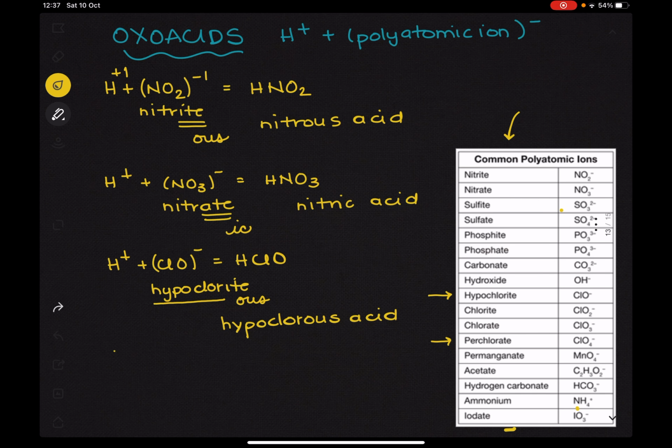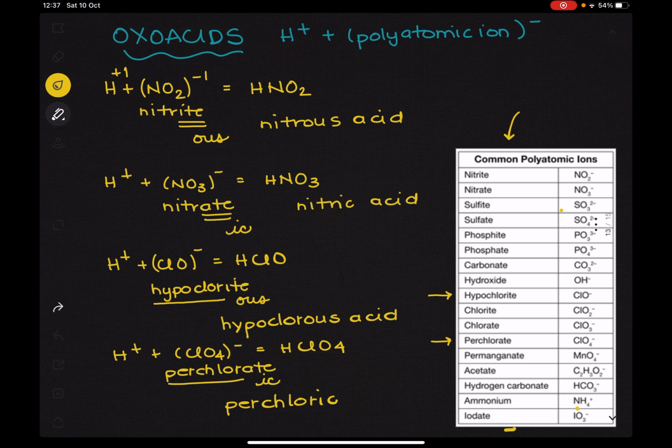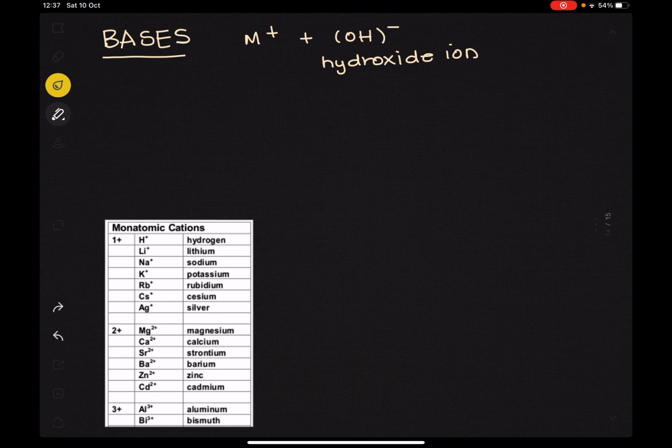Now let's do it with a perchlorate. Perchlorate has 4 oxygens, still has a -1 charge. So I have HClO4. This is perchlorate. And I keep everything. This ate changes to ic. So I have perchloric acid. So just to remember the rule before we go to bases.